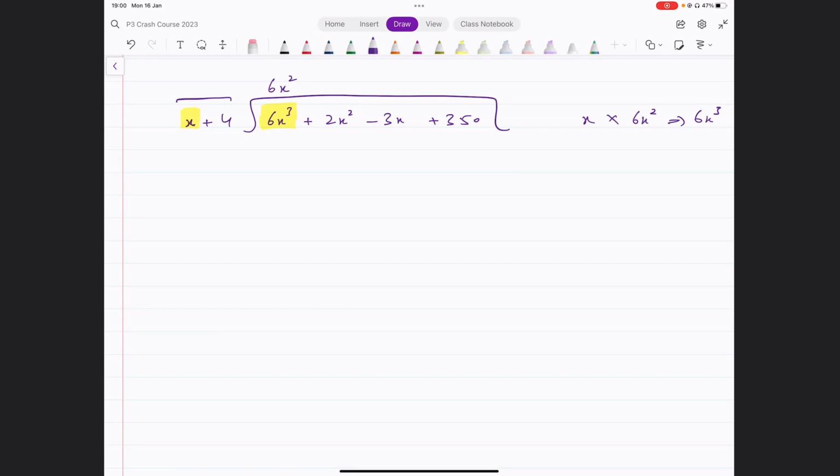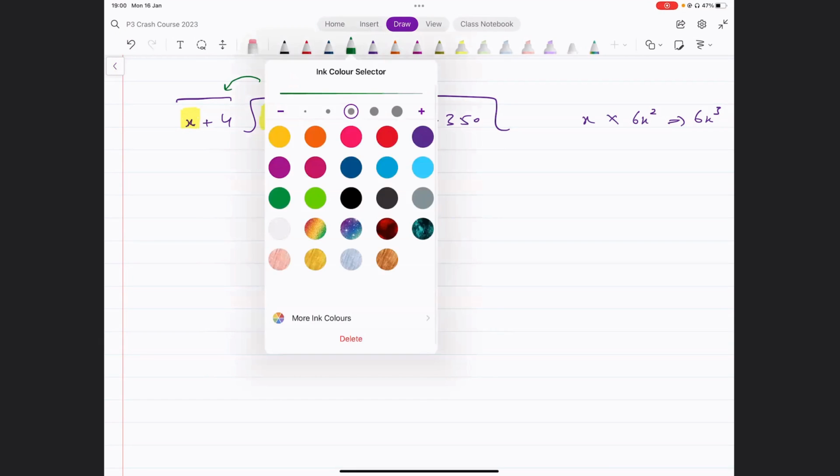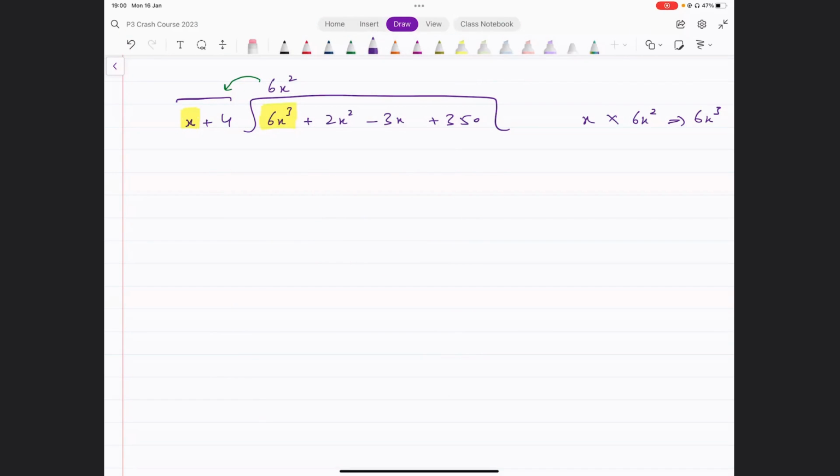That's how you get the first term of the quotient. Multiply 6x squared by x plus 4. Let's do this multiplication and see what that gives you. 6x squared into x, that's going to give you 6x cubed. Plus 4 into 6x squared, that gives you 24x squared. Right, so that's the first step.